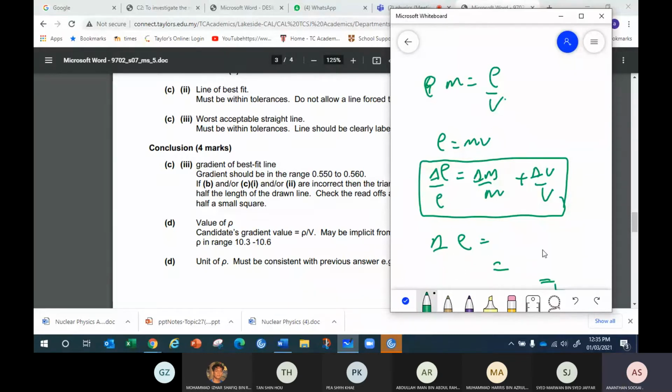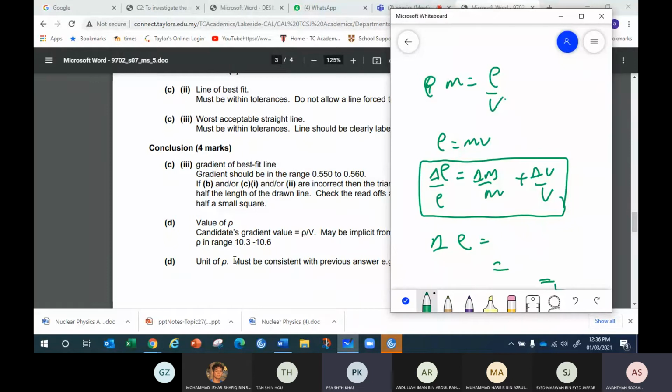Sorry, best rho minus the actual rho. They gave both methods, but in the recent mark schemes the other method looks like it is phased out. They never really show it. The one they show in the mark scheme is the formula. So my advice is both are correct, it's not wrong. But because the mark scheme leans towards the formula, I think it is better to go for the formula for the last part.